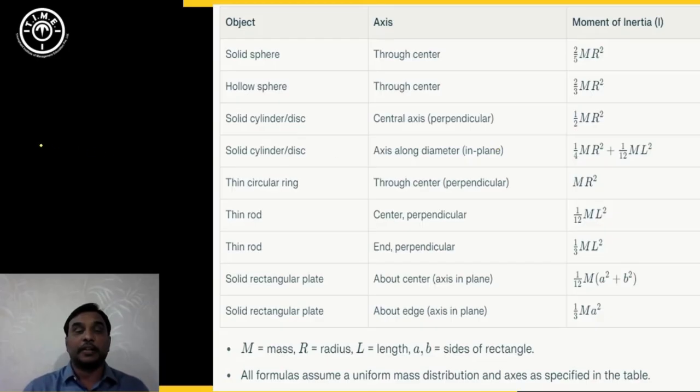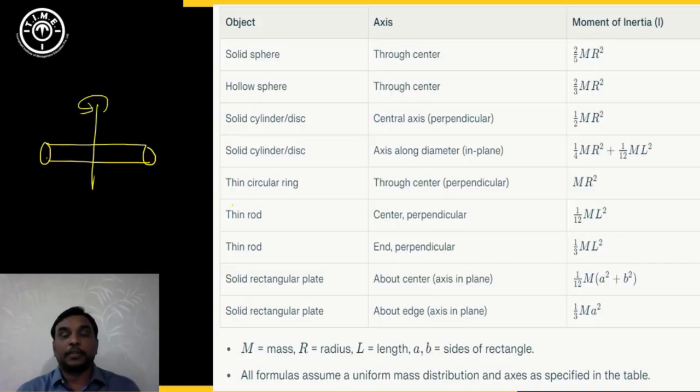Solid cylinder about the diameter, that is, through its plane. Then thin rod about one end and perpendicular to it. These are the list of moments of inertia about their own axis. This you have to remember.